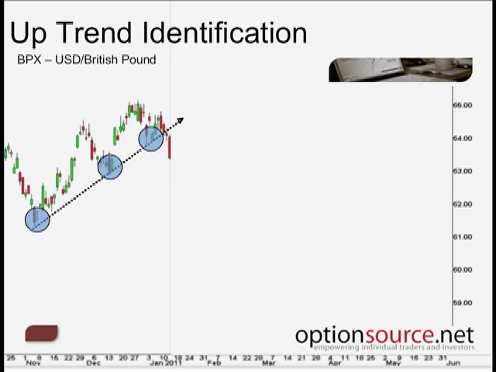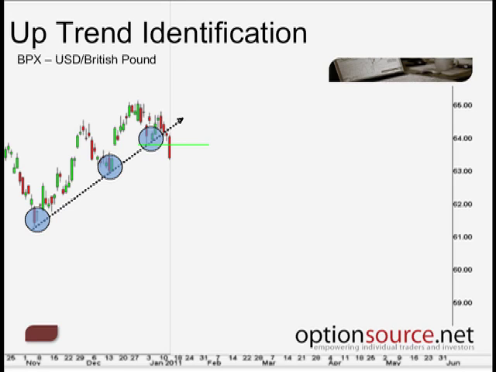Now, we can notice that in and around the 18th of January, we had a break of that trend line, and the first sign of a change in direction is essentially a break of a trend line. And in fact, we can also look at this pivot point in here as another sign that the current trend that was in place is coming under some pressure.